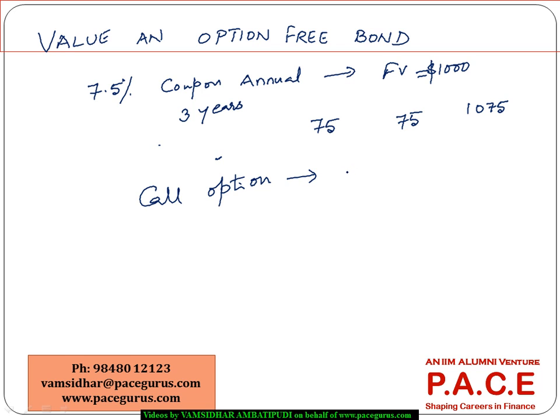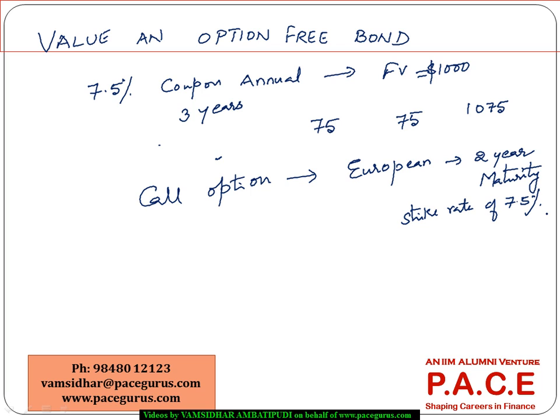If this bond has a call option, which is European, with a 2-year maturity, for a strike rate of 7.5%. So I am putting the strike rate as 7.5%.